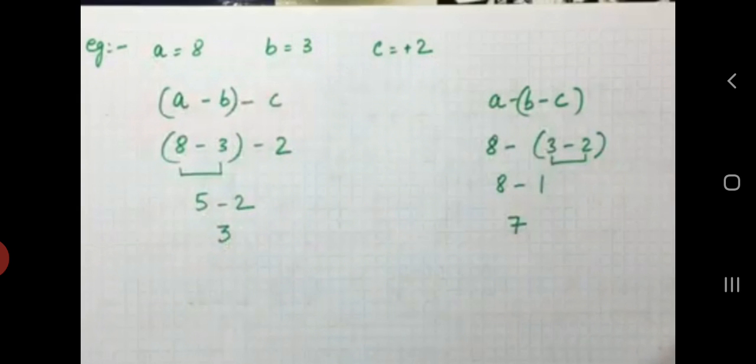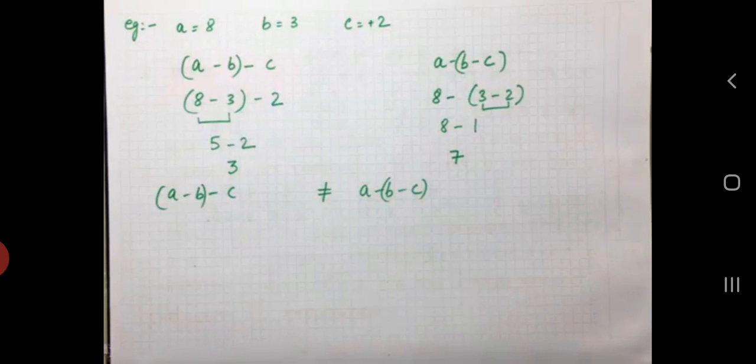At first we shall solve 3 minus 2 and get 1, that means 8 minus 1, that equals 7. So we can easily say (a minus b) minus c is not equal to a minus (b minus c). Here c is not equal to 0, that's why we can say that.